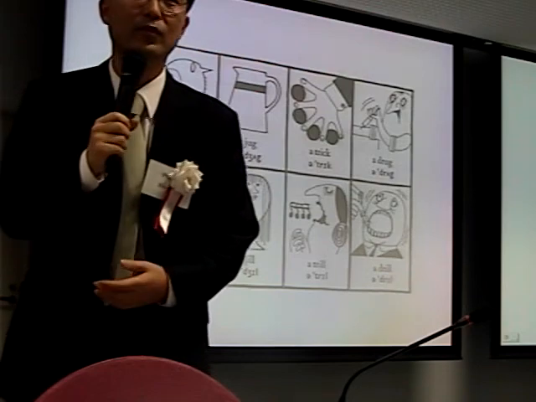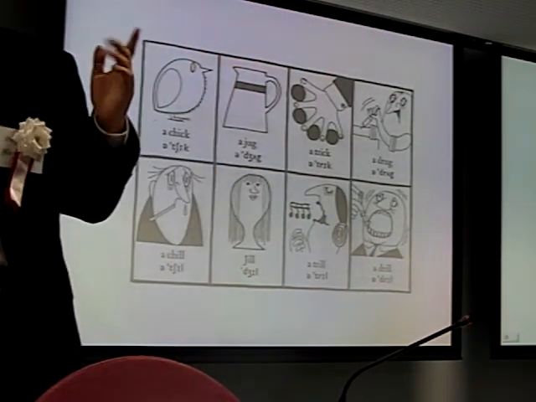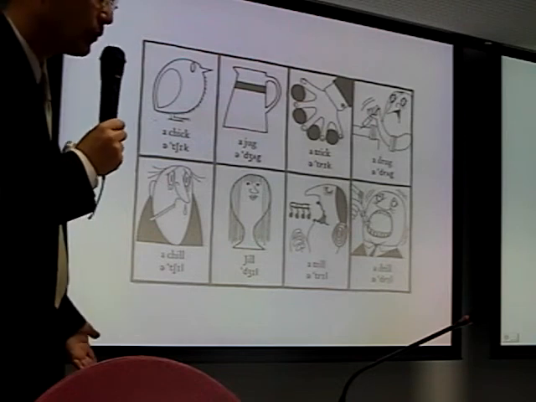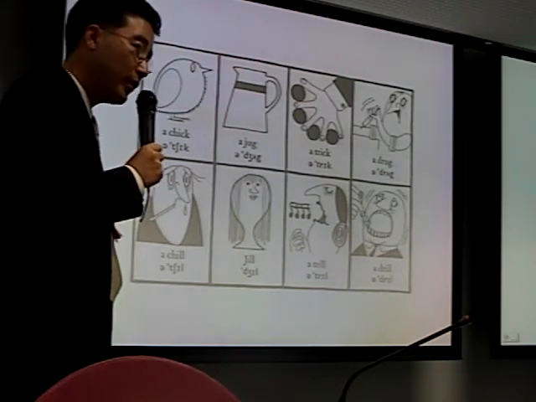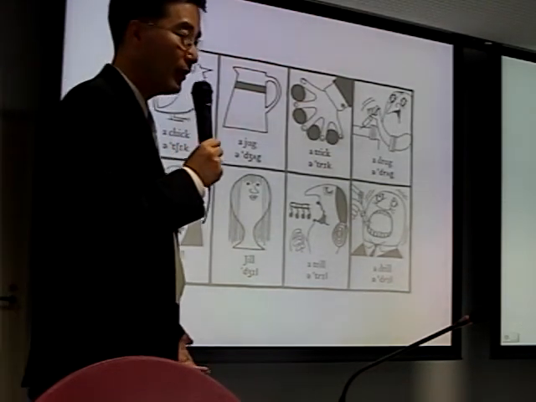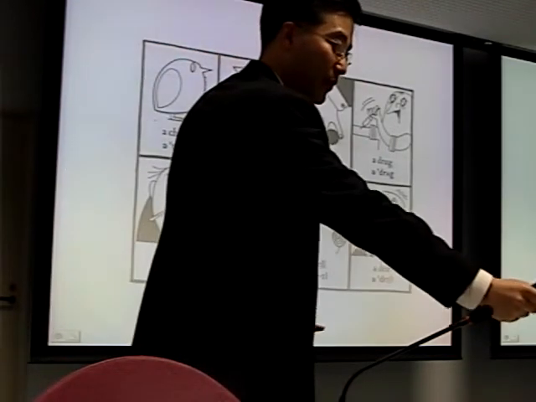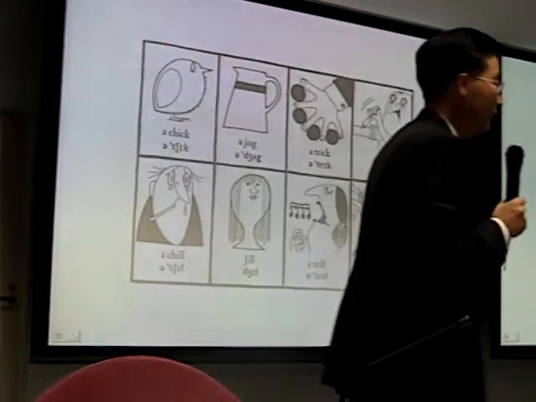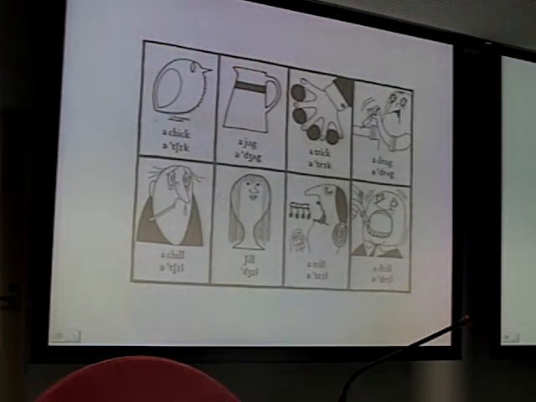"Trill." First one, "drill." Second one, "drill." "Trill." First one. Could you please pronounce these words? "Drill." Yeah, very good. It is not affricated. You should pronounce it as "trill," "drill."